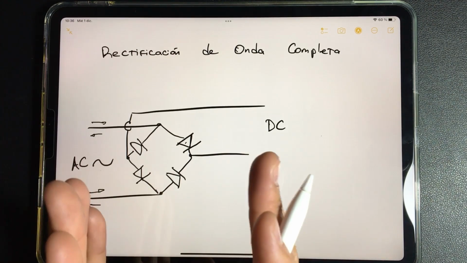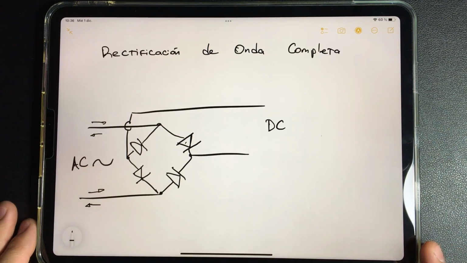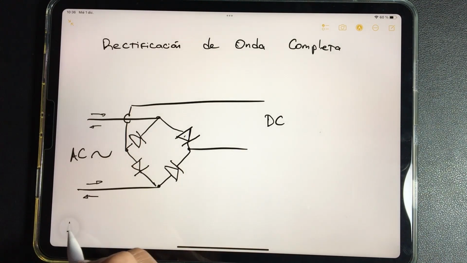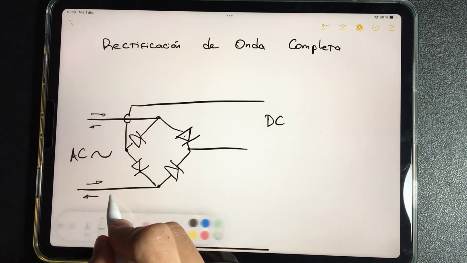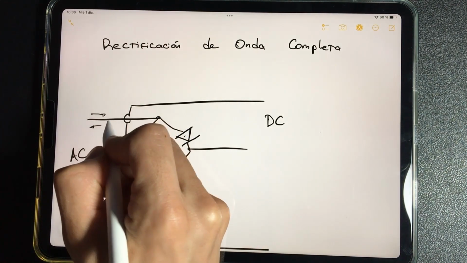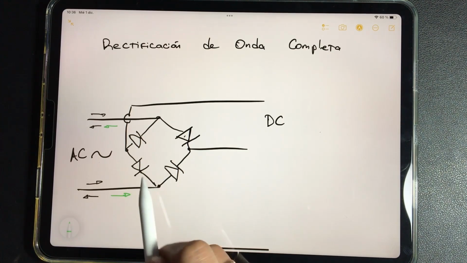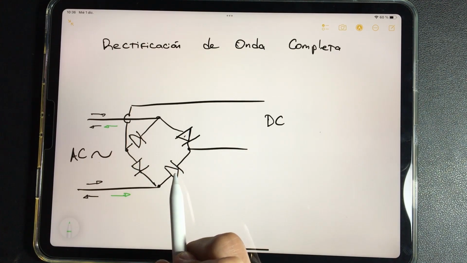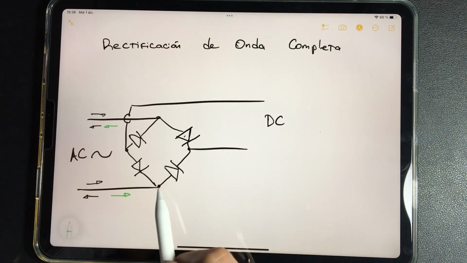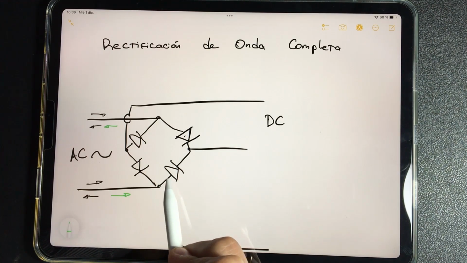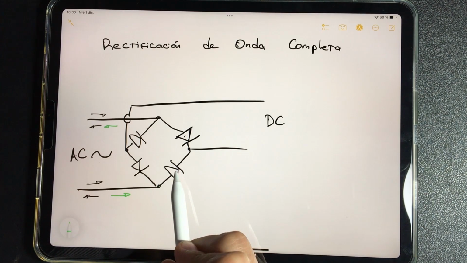Now we are located at a moment in time. At this moment in time, suppose that the electrons are entering on this side and leaving on this side. When entering, the electrons find these 2 electron check valves. If you pay attention, on this side the electrons will not be able to pass because they are encountering a diode in reverse.